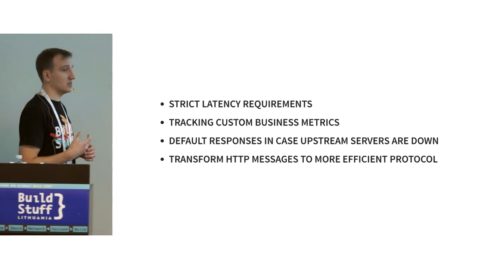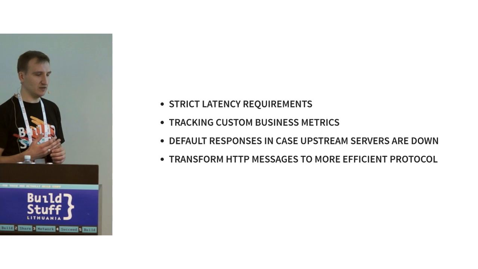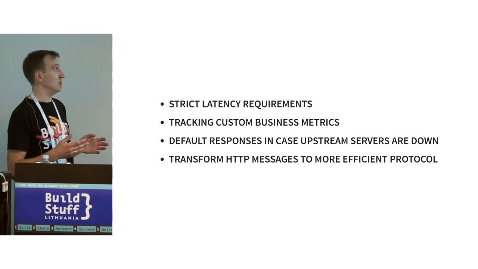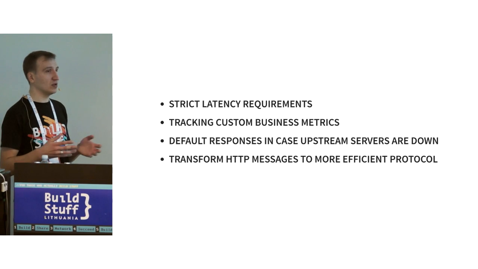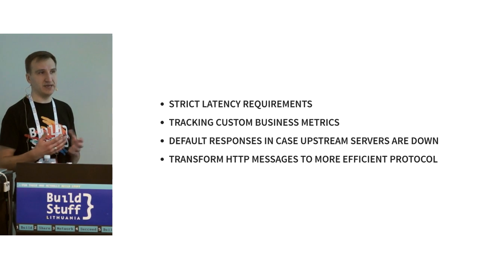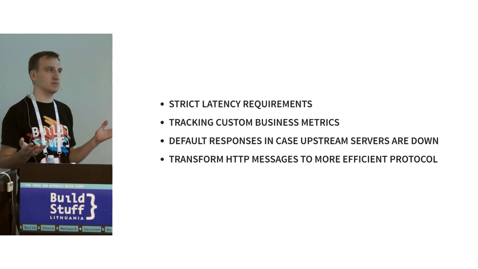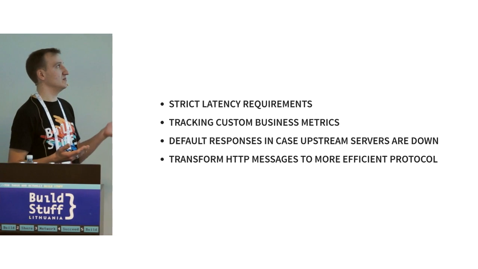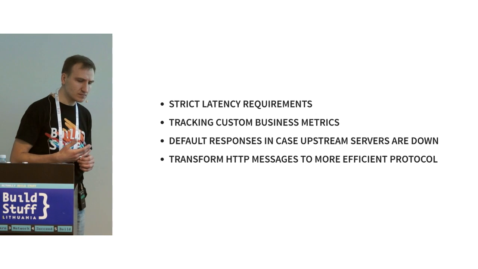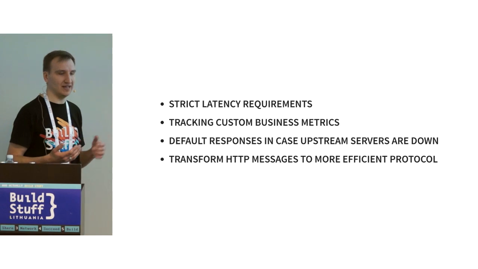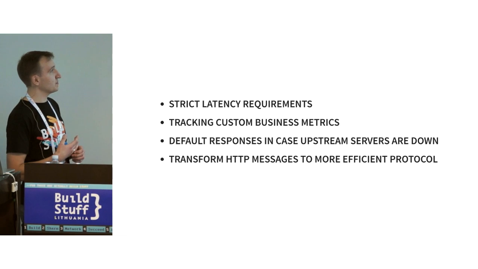Also, you can plug in some kind of default algorithm or pre-calculated values in case all your upstream servers, for example, are down. But you can still do business if you have some default values, for example, in your API.